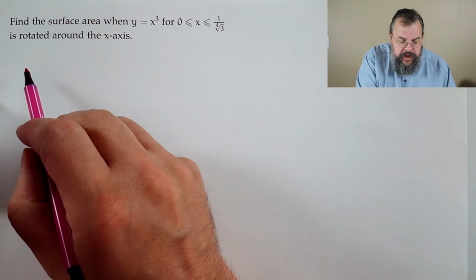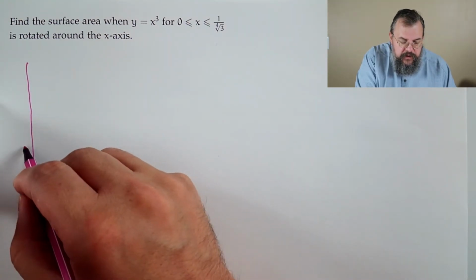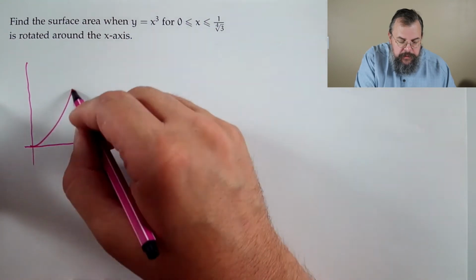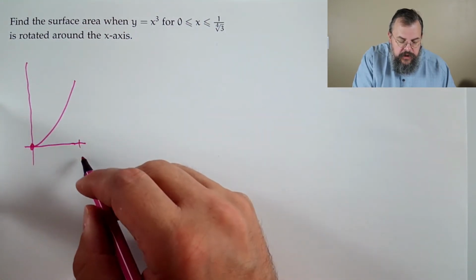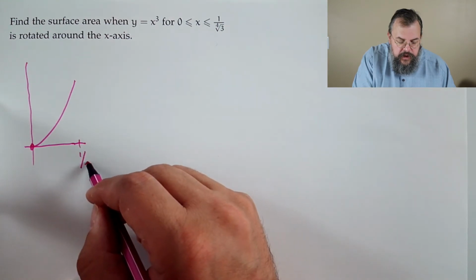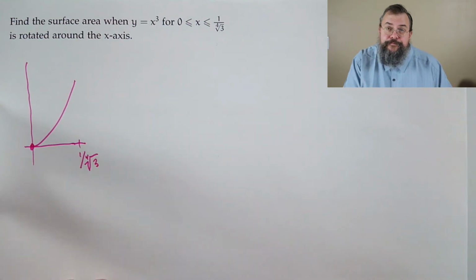So our basic picture, x cubed, we know what x cubed looks like. We're going to be going up, and here's 0, and we'll say this is 1 over the 4th root of 3. A suspicious number.